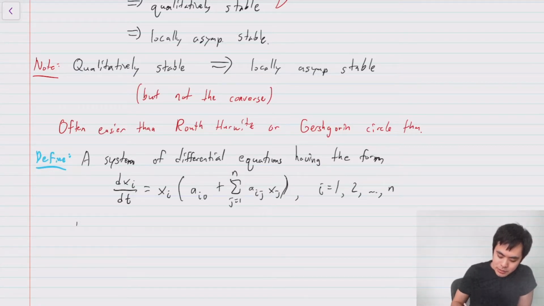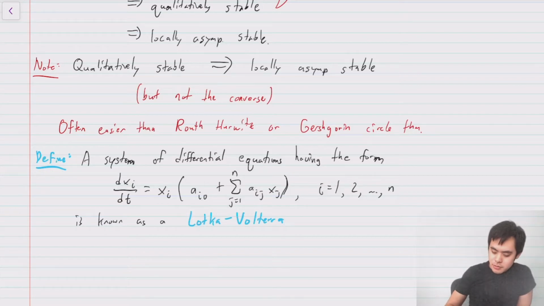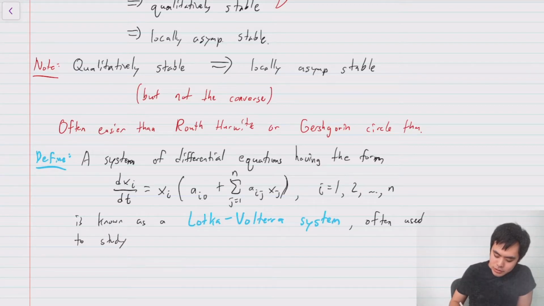This system is known as a Lotka-Volterra system, and it's often used to study predator-prey interactions.